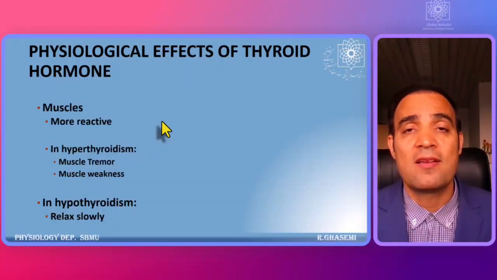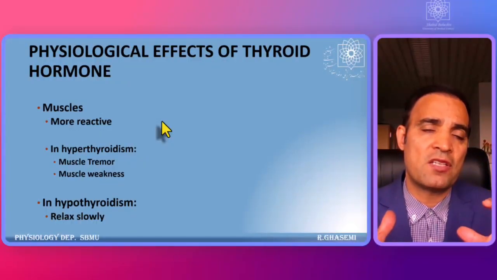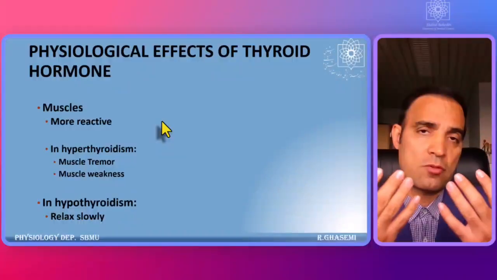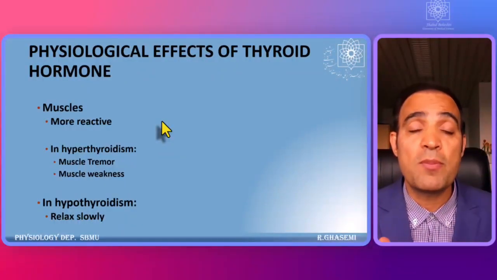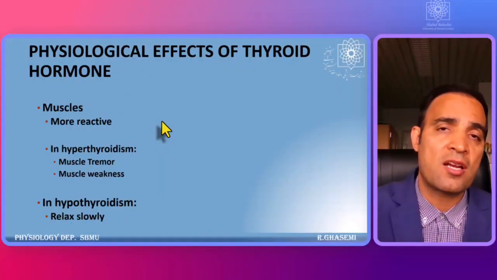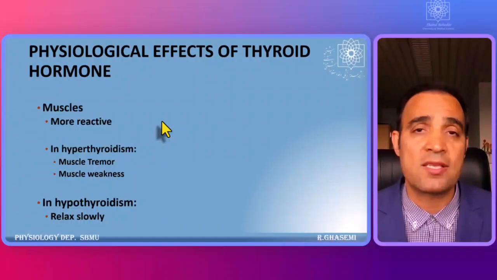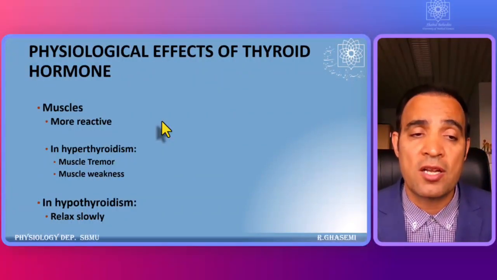On the muscles, thyroid hormone is essential for normal muscle function, and makes the muscles normally reactive and functioning. But if the hormone concentration increases to a higher level in hyperthyroidism, it makes muscle tremor in the patient with hyperthyroidism, and muscle weakness also will be generated.